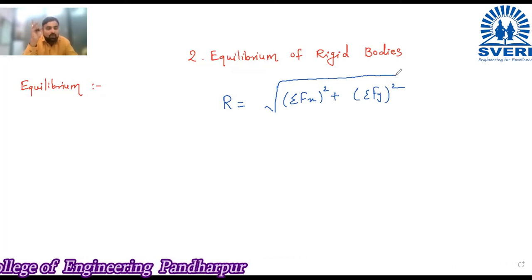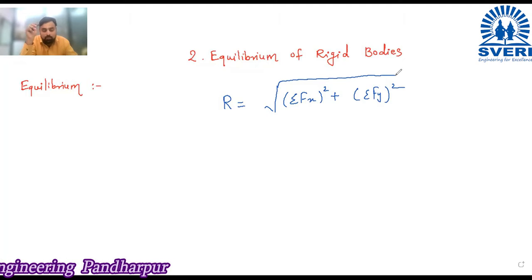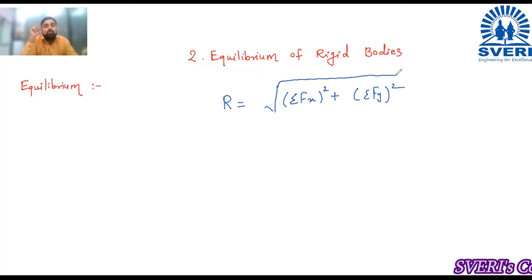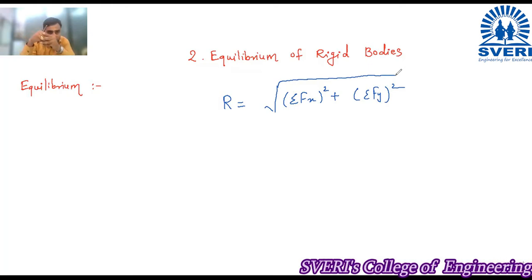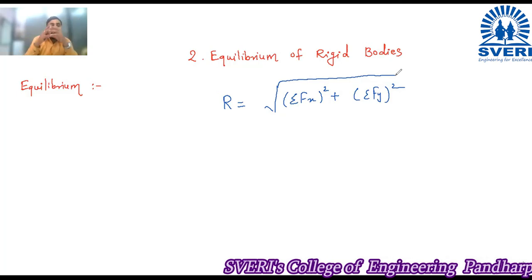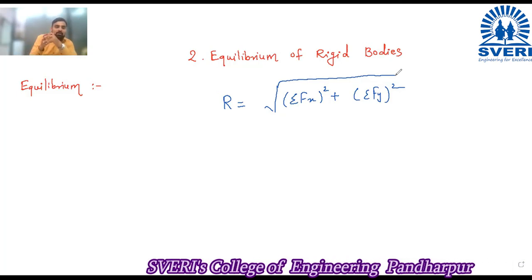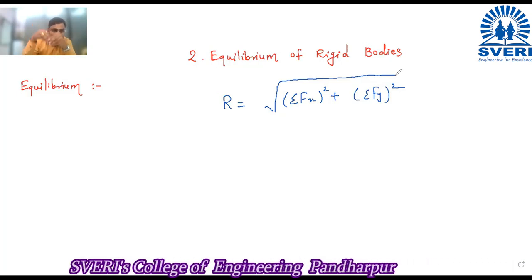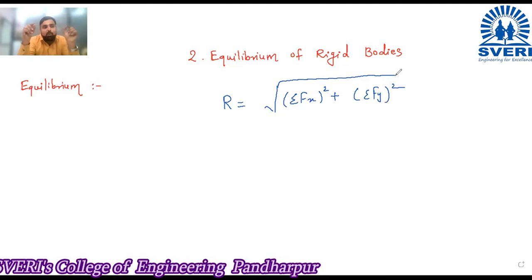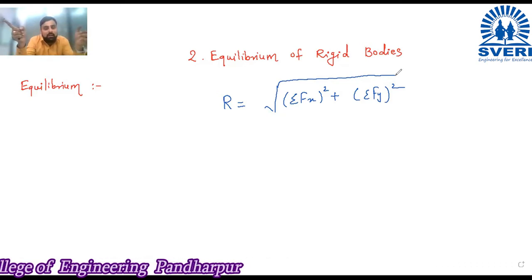When a number of forces are acting on the body, and if the resultant of the given force system is 0, then the body is said to be in equilibrium.